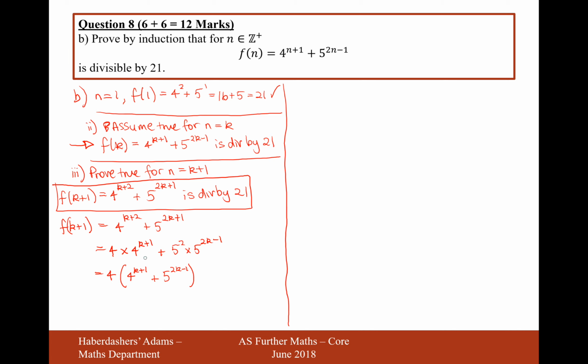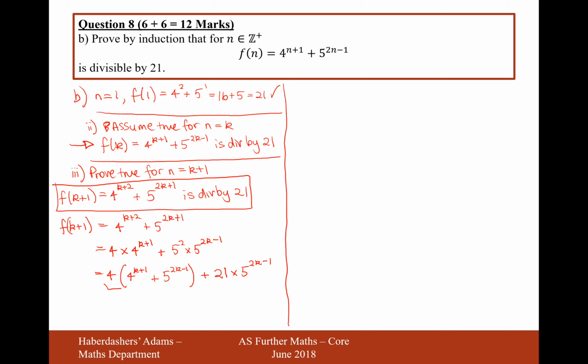Yeah, the first bit's fine, but the second bit's clearly not fine. It's just 4 times 5 to the power of 2k minus 1 from the second line to the third line. So I've not got enough 5 to the power of 2k minus 1s. I need to add on. If I've got 4 already and I want 25, I need to add on 21 lots of 5 to the power of 2k minus 1.